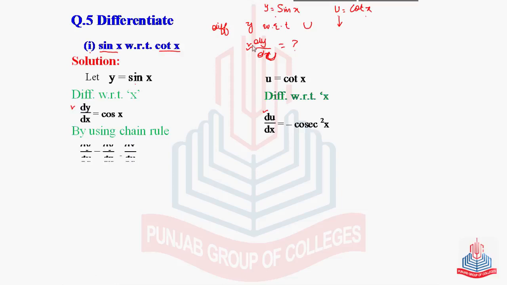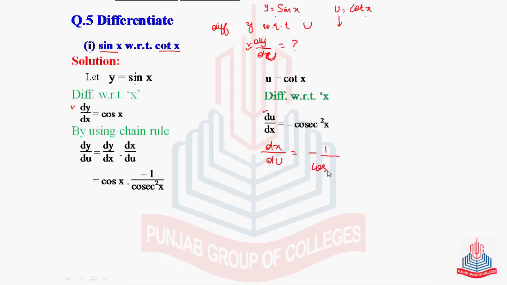Now by using chain rule, dy by du is equal to dy by dx into dx by du. Just putting these two values, dy by dx is cos of x, and for dx by du, we have du by dx which is minus cosecant square x, and when we take the reciprocal, that will become minus 1 over cosecant square x.